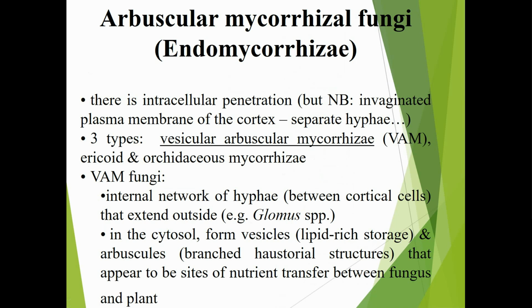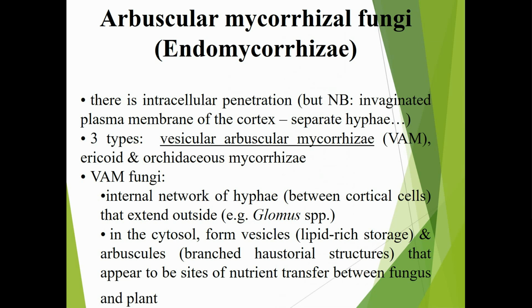Okay, so in AMF there can be 3 types, and these 3 types are literally just specific mycorrhiza that have specific relationships to specific families. So that's all you really have to know.